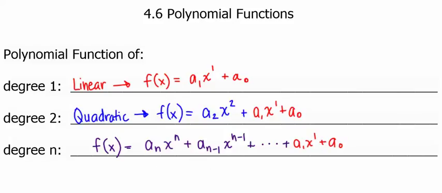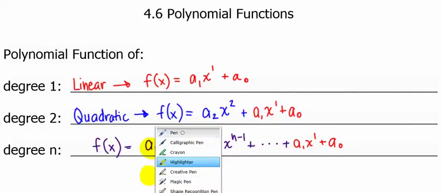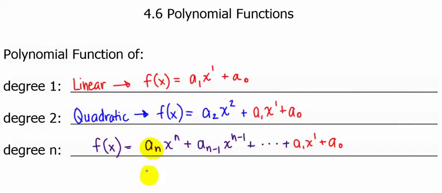Now, a sub n, in each case, our first term, a sub n, our first term for the quadratic, a sub 2, for the linear, a sub 1, cannot be 0. So a sub n cannot be 0. A sub n is not equal to 0.